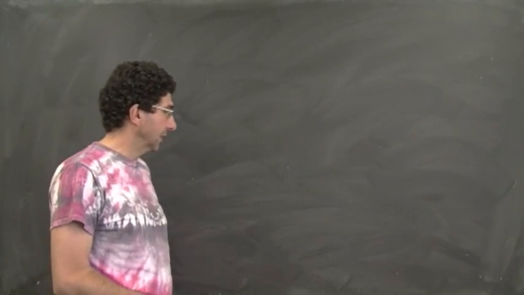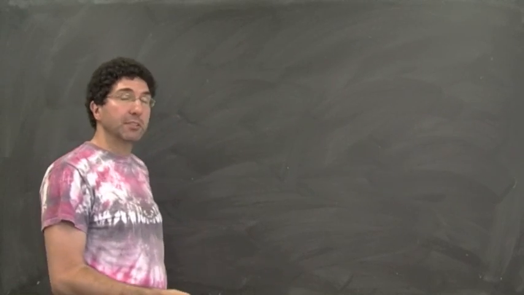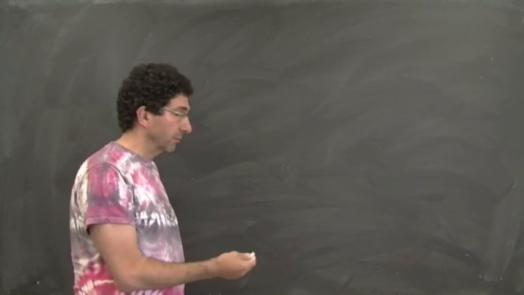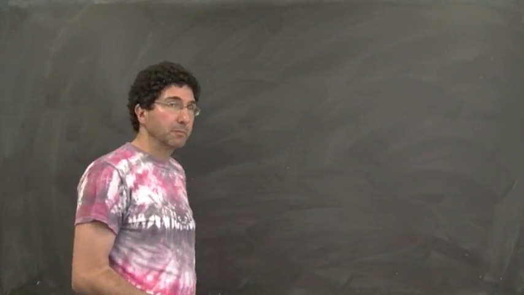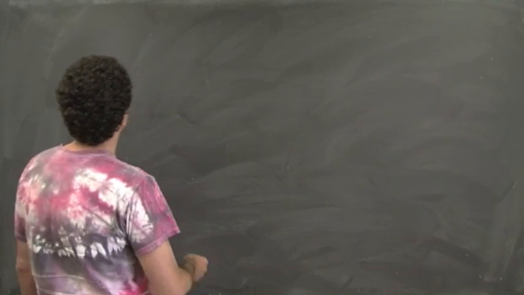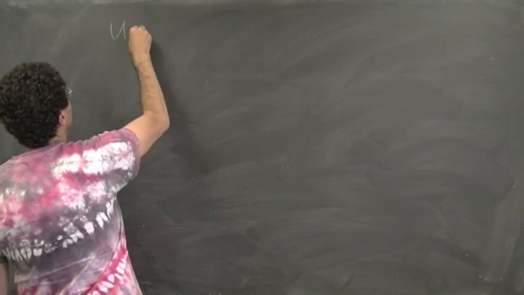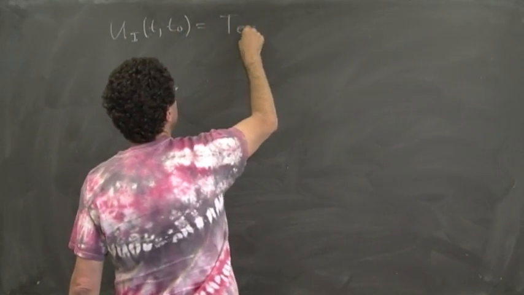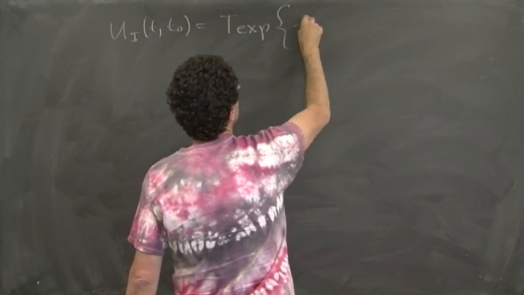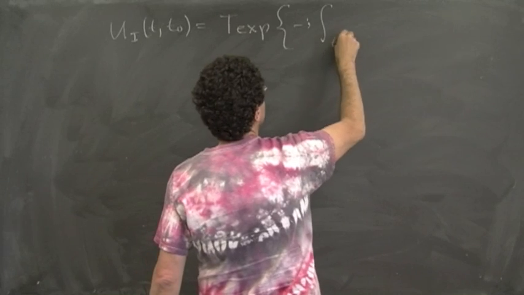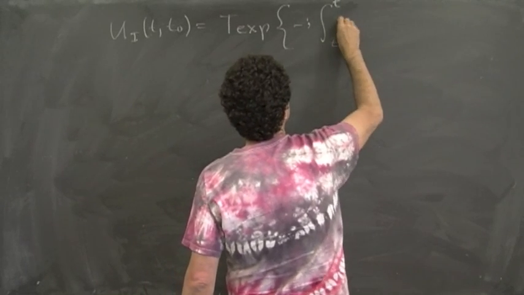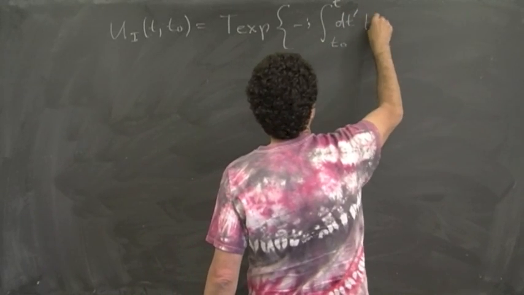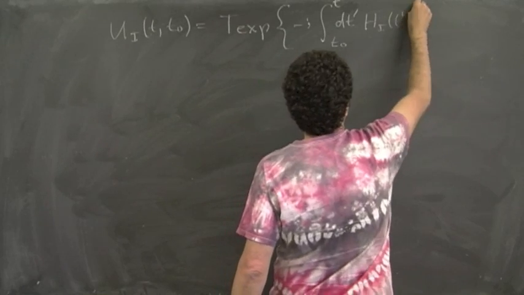He showed the utility of it for getting a Lorentz invariant expression for quantum field theory amplitudes. So the solution is ui(t, t naught) is equal to the time-ordered exponential of minus i integral from t naught to t dt prime hi(t prime).